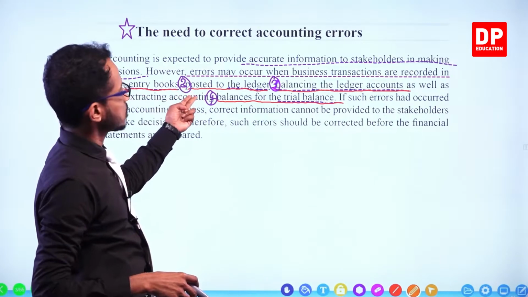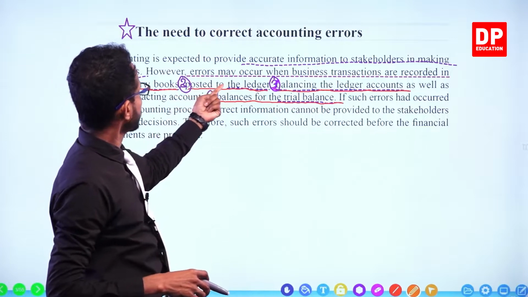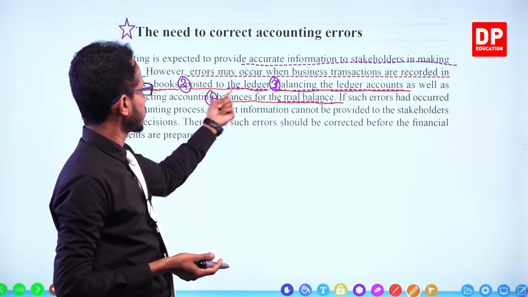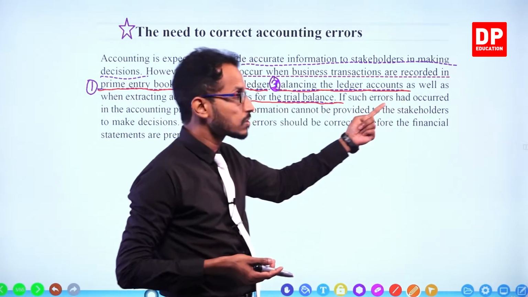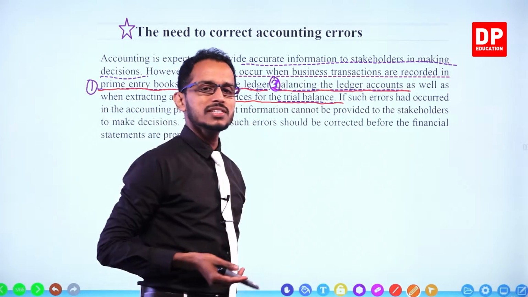When preparing prime entry books, when posting double entries to the ledger accounts, when balancing the ledger accounts, and when the balances are taken to the trial balance. These are the 4 places.